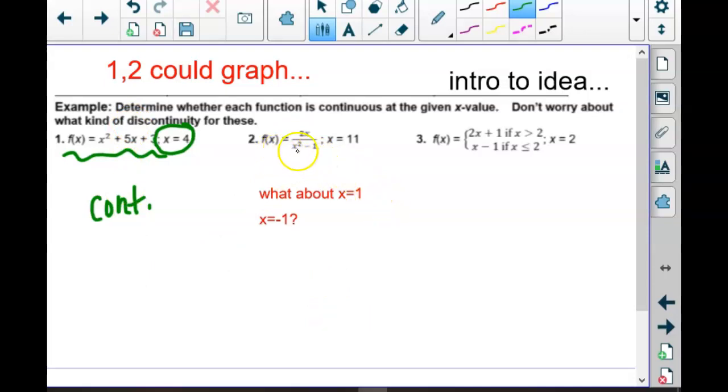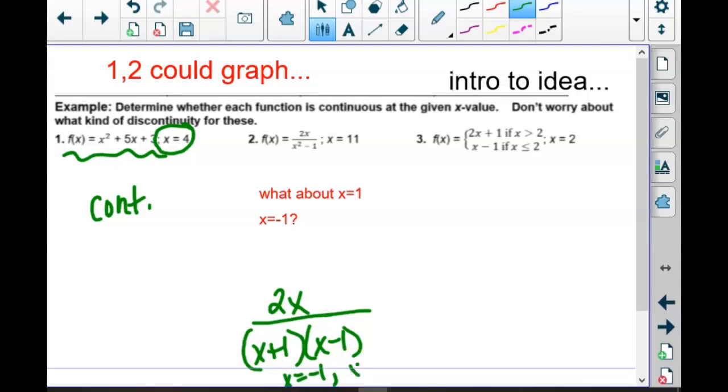All right. This particular one is weird. The top says this. The bottom factors, x plus 1 and x minus 1. Does anybody remember how we did domain restrictions? What 2 things can x never equal according to this? Yes, you can't have a 0 in the denominator. Does that sound familiar? So x cannot be -1 or +1.